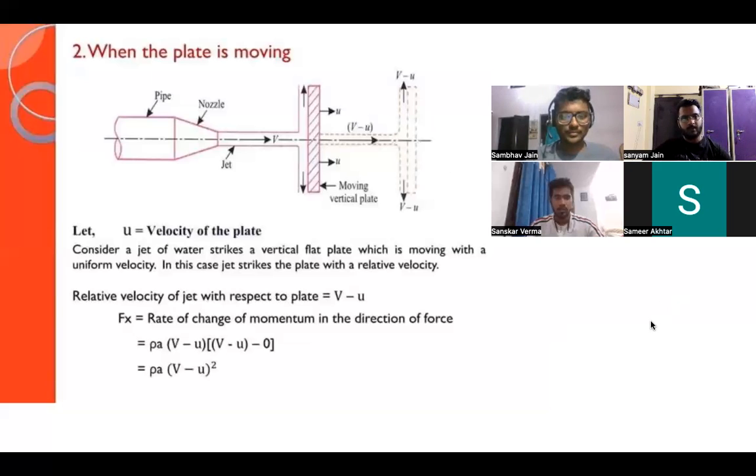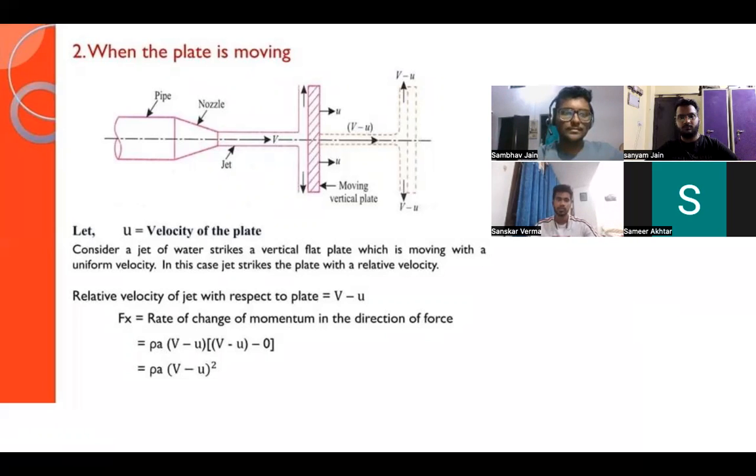Next. When we take up the example of a vertical plate in a moving condition, we want to take the relative velocity of the jet with respect to the plate.